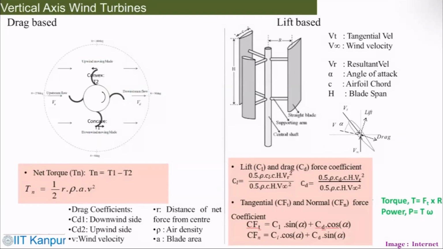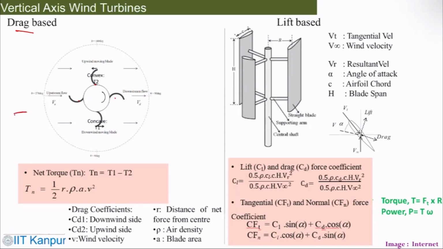Now we come back to see how these turbines actually produce power. As we discussed earlier, primarily there are two concepts used. One is the drag based. In the drag based concept, you have these blades which are connected with the rotating shaft, and there is a concave surface and a convex surface.